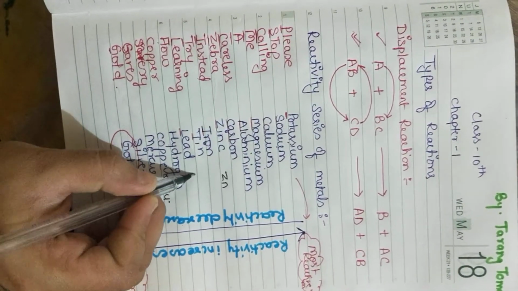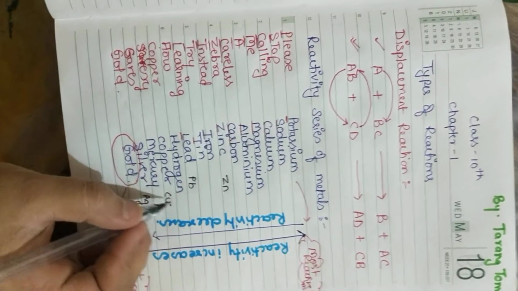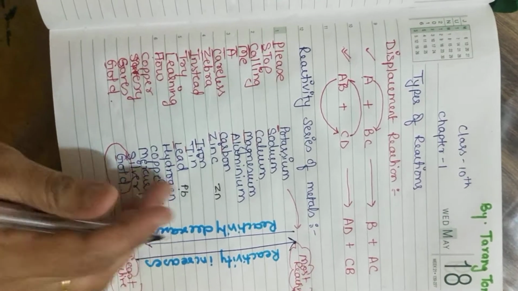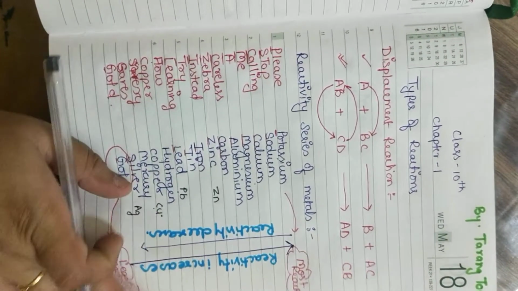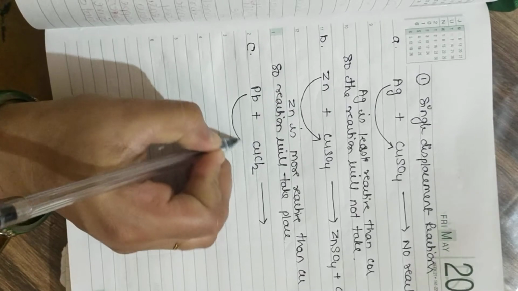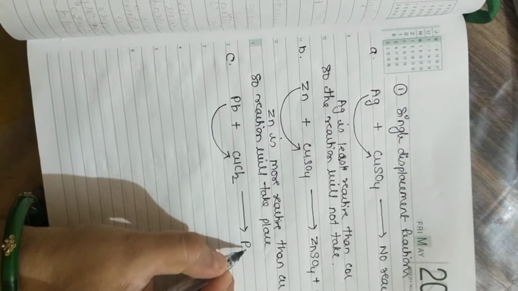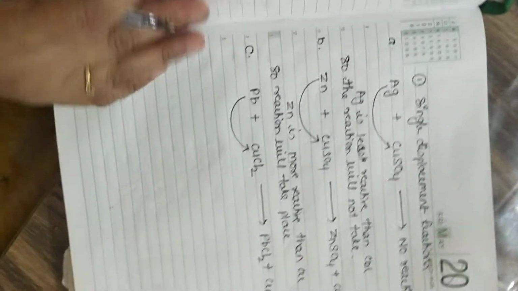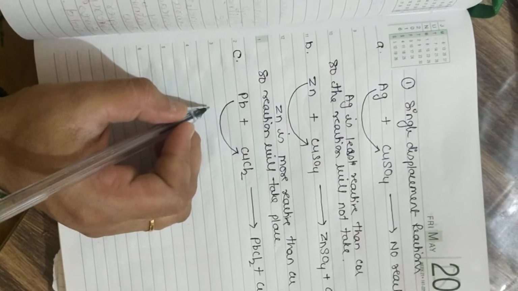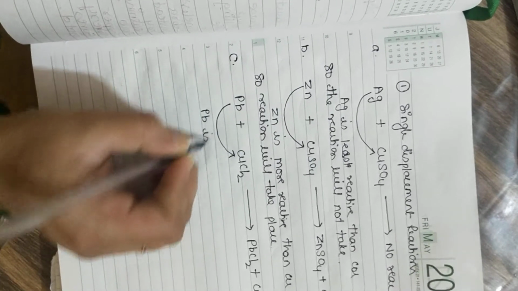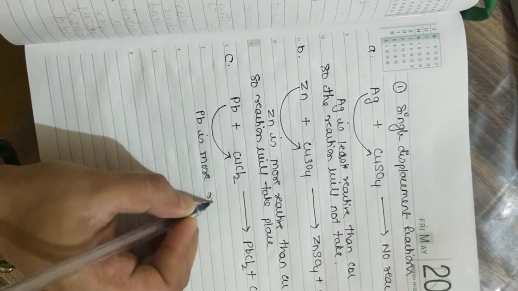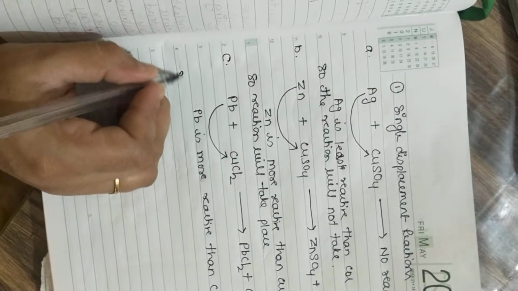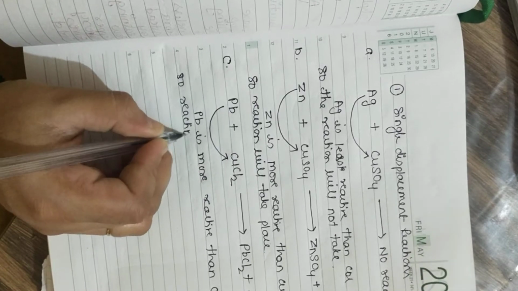Here lead is more reactive than copper because it is above copper, so it will easily displace the copper from its salt. Lead chloride will be formed and copper will be displaced. So lead is more reactive than copper, so the reaction will take place.